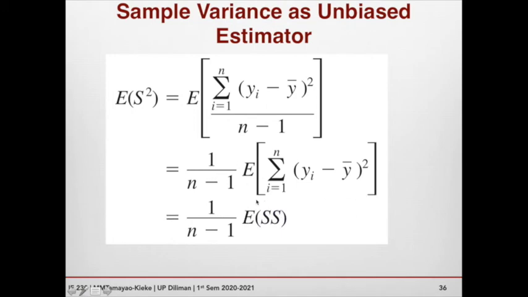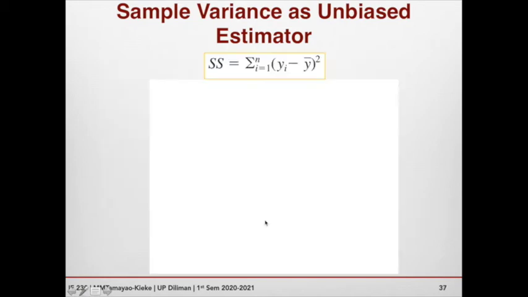And so now, using the definition that SS, or sum of squares, is equal to this term here, this can be written as 1 over n minus 1 times the expectation of the sum of squares. Continuing, the expected value of the sum of squares would just be equal to the expected value operator applied to the sum of squares.